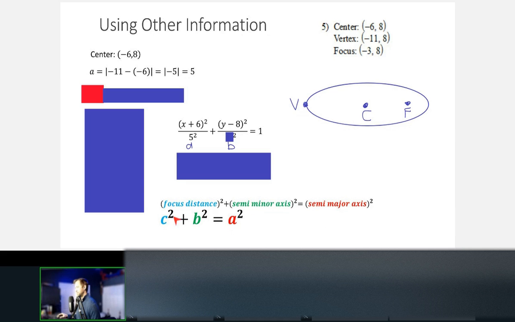And we can figure out what the focal distance is. Remember, focal distance is from the center to one of your foci points. By the way, foci is plural, focus is singular. I know I kind of jump in, I say focus or foci or focal.